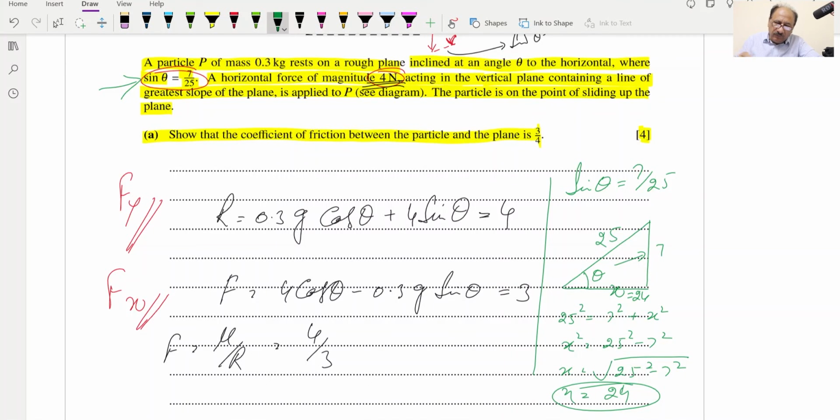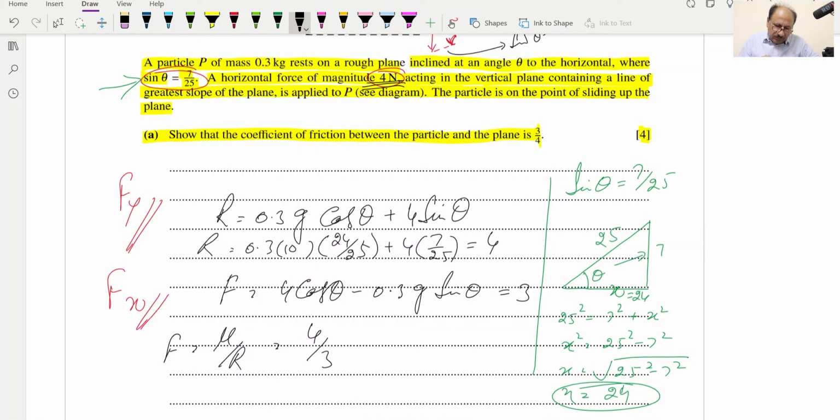So if we replace the values over here, R is equal to 0.3 g, g value is 10, and cos theta will be 24 over 25, plus 4 sine theta will be 7 over 25, and you calculate this value and you will get 4.